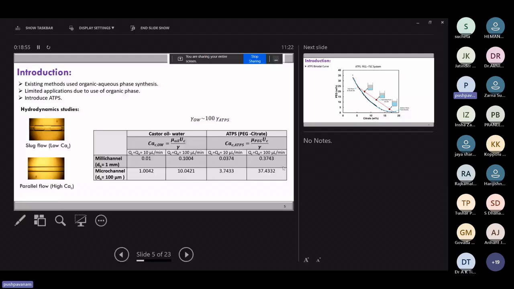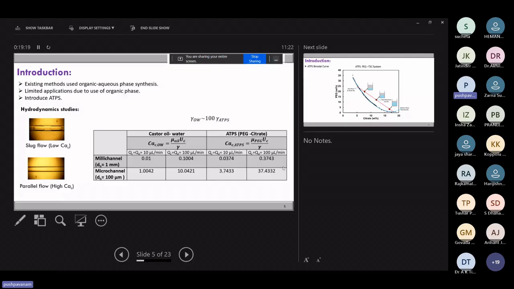And we want a low capillary number, because only then can we get slug flow. So one way to overcome this problem of getting slug flow in ATPS is to not work with microfluidics but with millifluidics. Work with not 100 microns but 1000 microns. Then it becomes much easier.